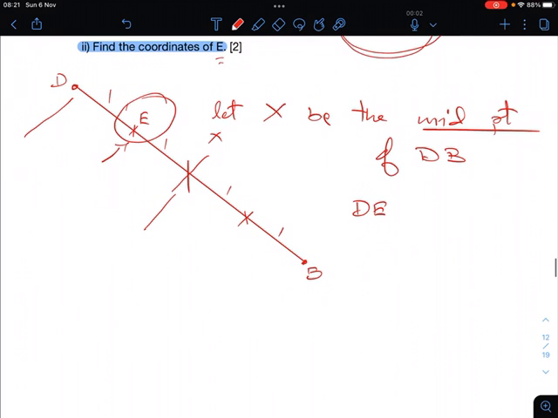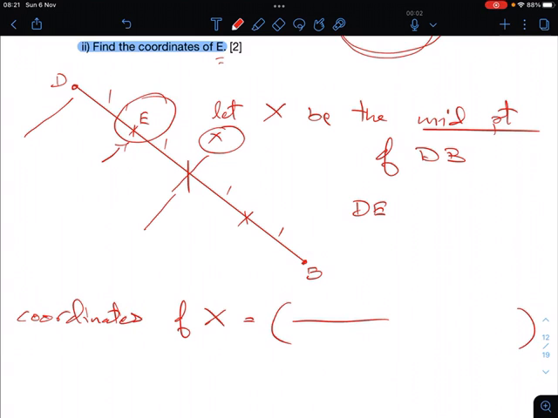Let's begin with the coordinates of X first. You know your D is negative 4, 9 and your B is 8, 1.